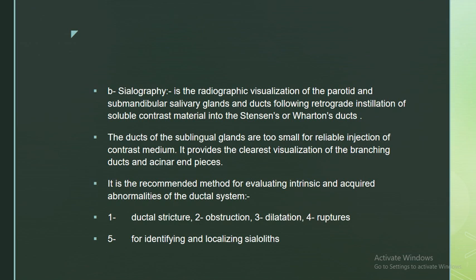This is a material I inject to show me the branching of the duct, and on the X-ray it appears very clear, meaning it is radio-opaque. The ducts of the sublingual glands are too small for reliable injection of contrast medium. It provides the clearest visualization of the branching ducts and the acinar end pieces. It is a recommended method for evaluating intrinsic and acquired abnormalities of the ductal system.